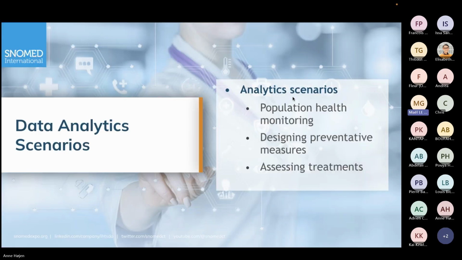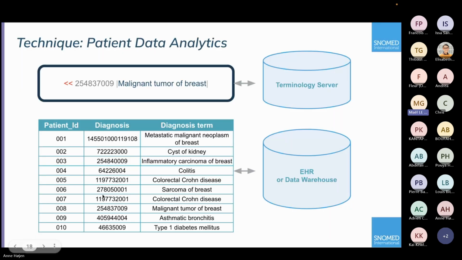That expansion you then compare to the appropriate field in your patient data store. So this is also an illustration that you can have it separate. You don't need to have all the terminology services supported by the data warehouse. You can have a separate terminology server where you do the ECL to produce the expansion, and then it's the expansion you compare to certain parts of your data store.